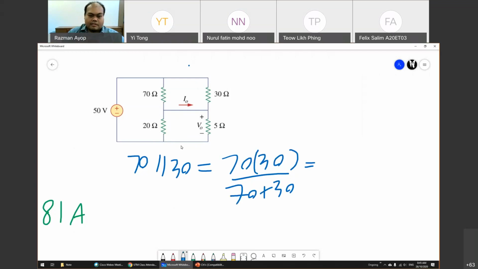Then use your calculator. 70 multiplied by 30 divided by 100 is 21.